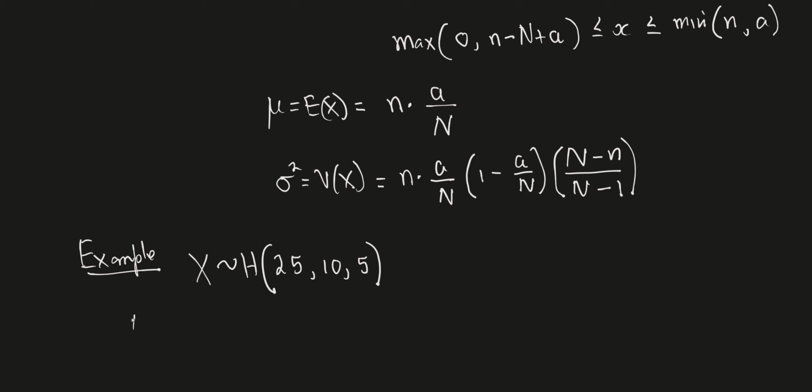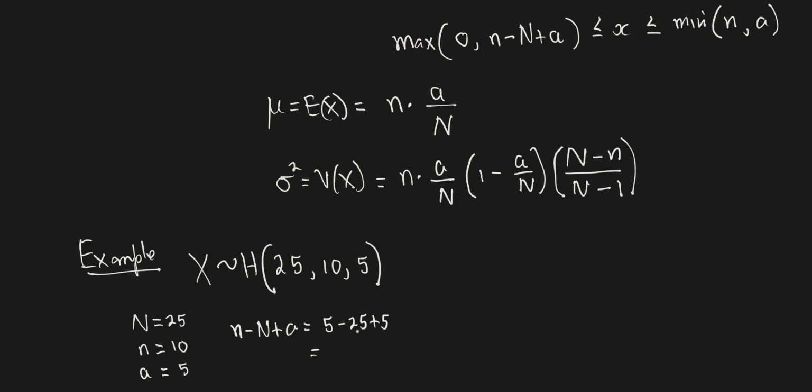So we have a big population of 25, and we're sampling 10, and our number of successes is 5. If we compute little n minus big N plus a, that's equal to 10 minus 25 plus 5.